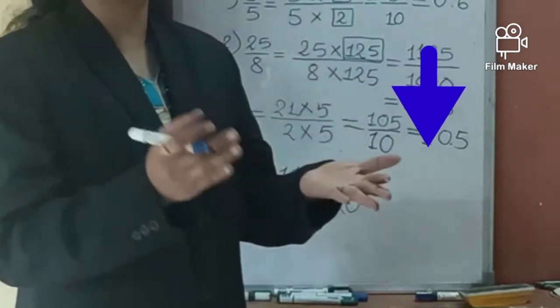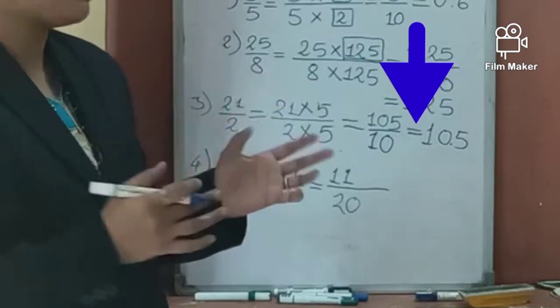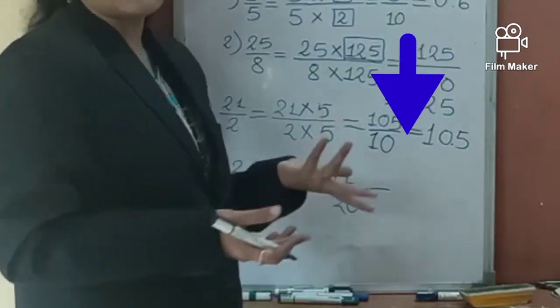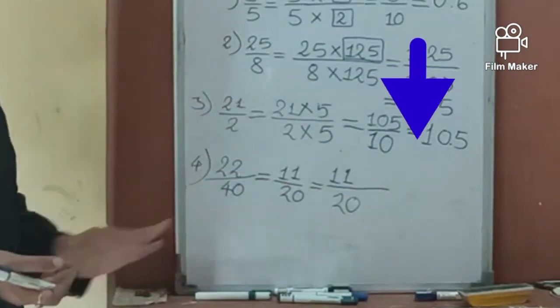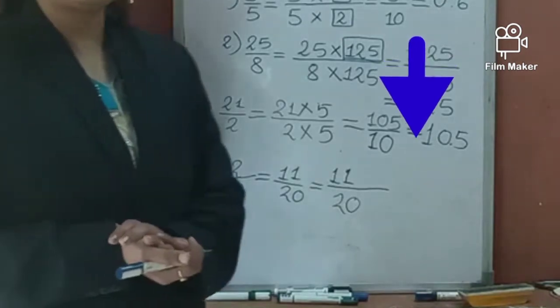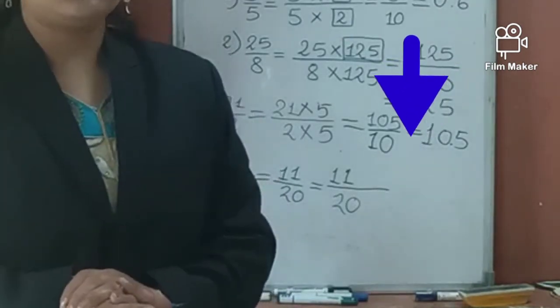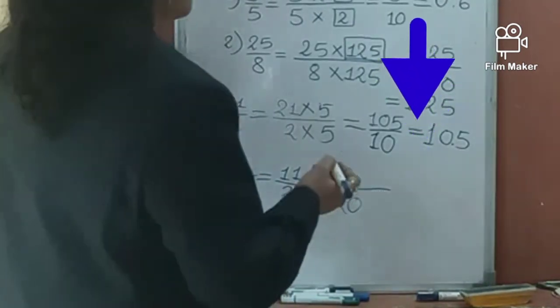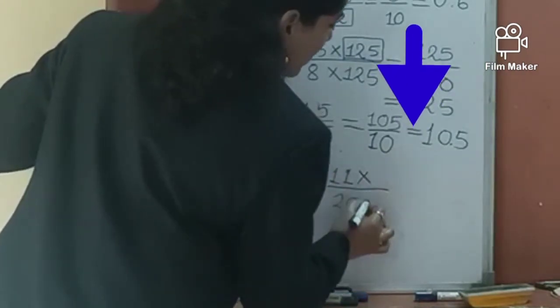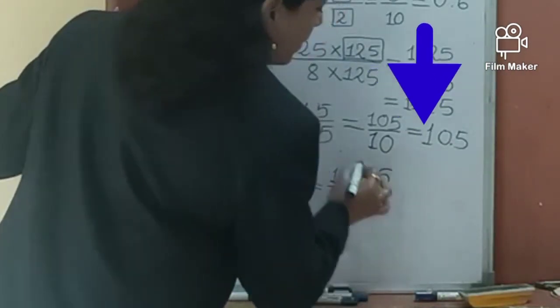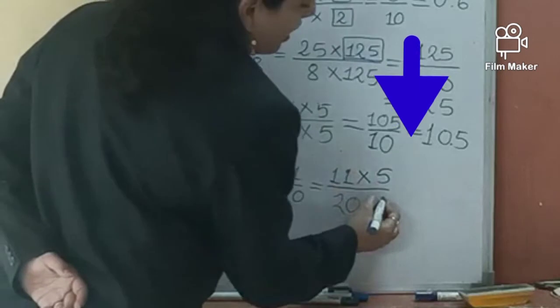For that the denominator should be 10, 100 or 1000. So we can't make it 10. So let us see, we'll make it 100. So in 20 table 100 comes, right? So 5 5s are 25. So with both numerator and denominator we will multiply it with 5.